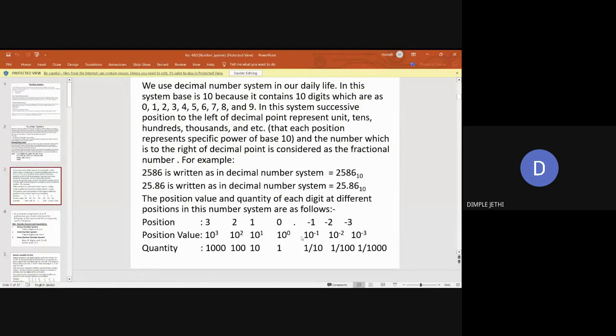In a different number system, whatever the base is, you give the powers to that base. Now about decimals: after the decimal point, for fractional numbers, the power starts from -1. So 10 raised to power -1, -2, -3, like that, it keeps on increasing. Clear? Yes, it's clear.